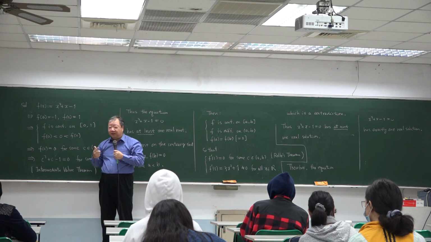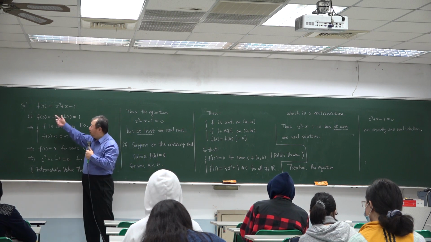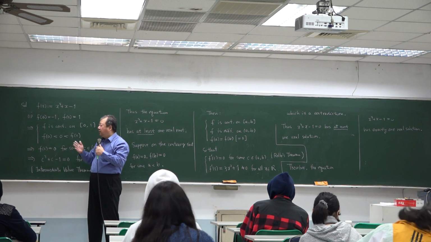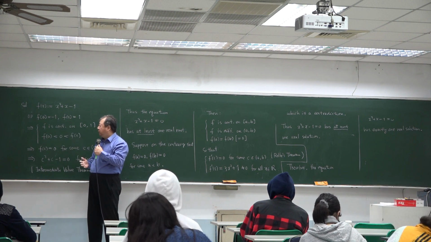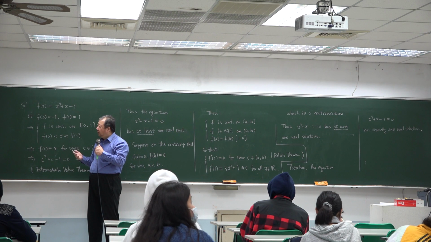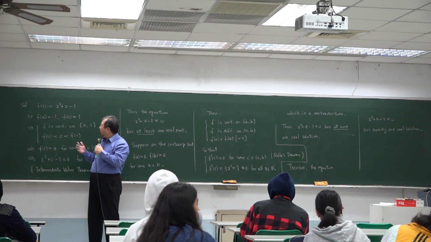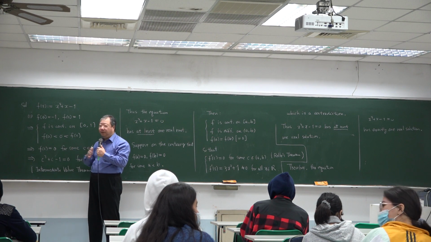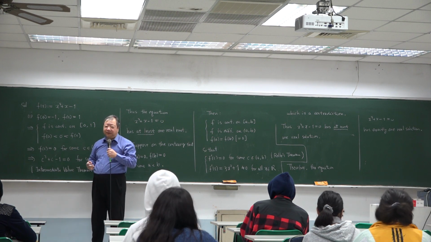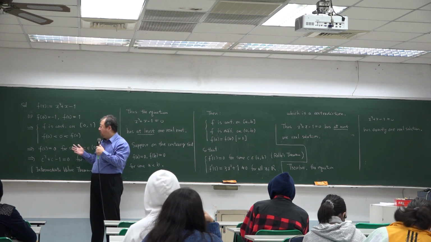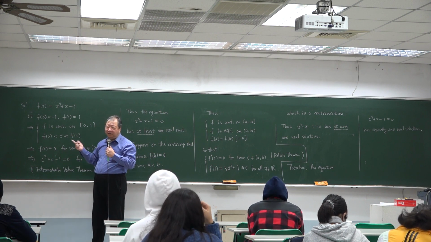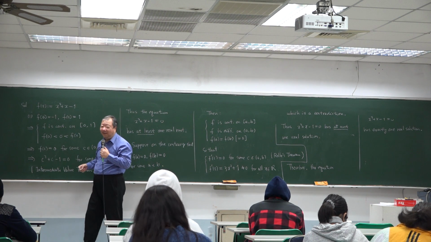Because by inspection, if you want to locate the root, usually we use numbers -1, 0, 1, or 2, -2. And we start from some small integers, easy to calculate.